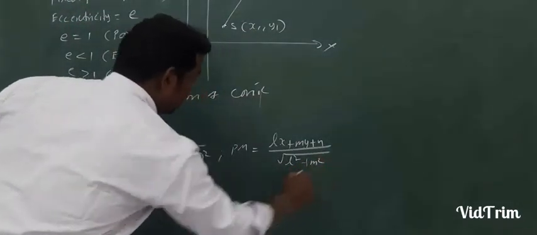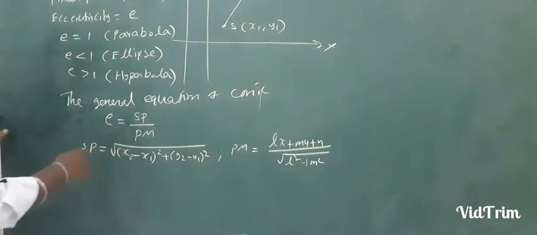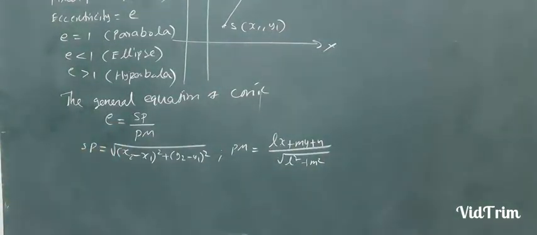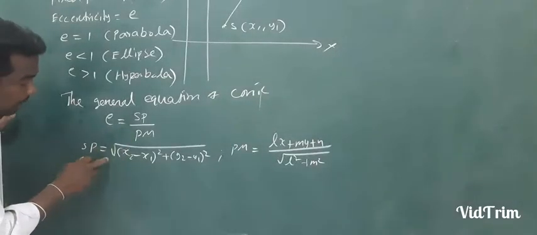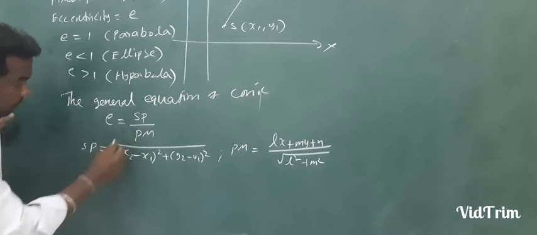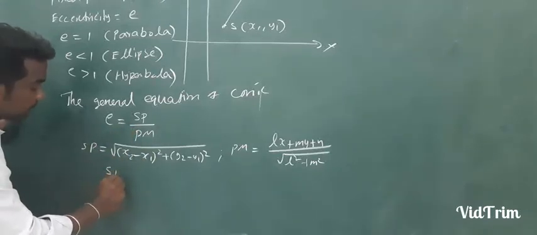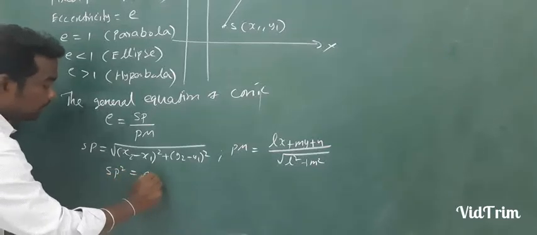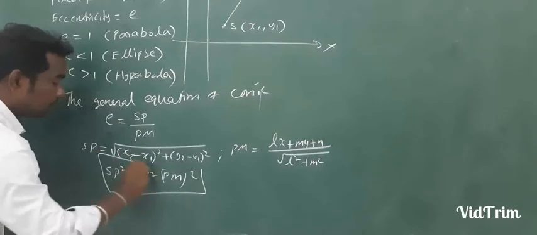Now we write the E value. Whether you find SP, PM or E, it will be fine. Since there is a square root, we take the square of all the terms. That is SP^2 = E^2 PM^2.